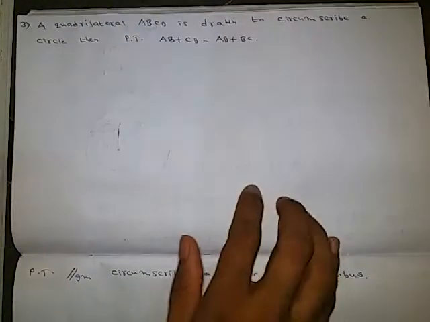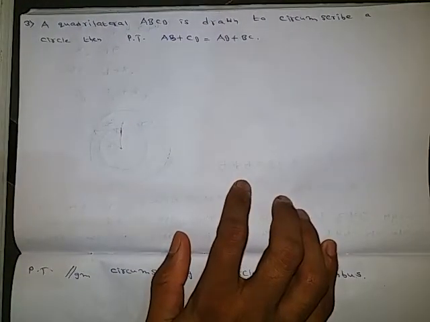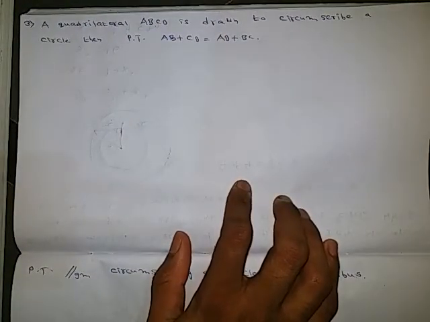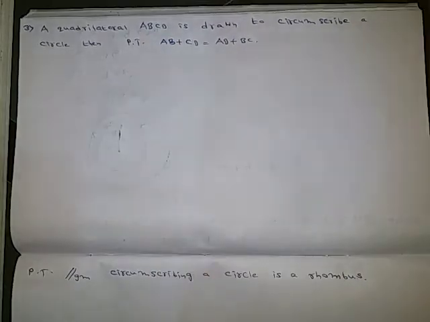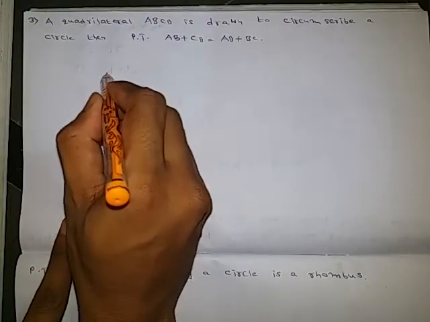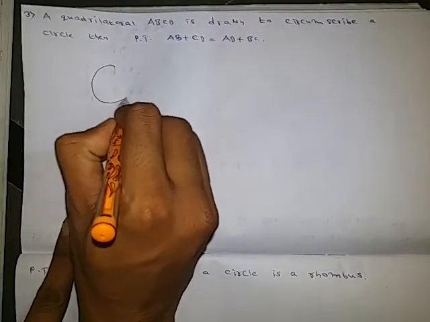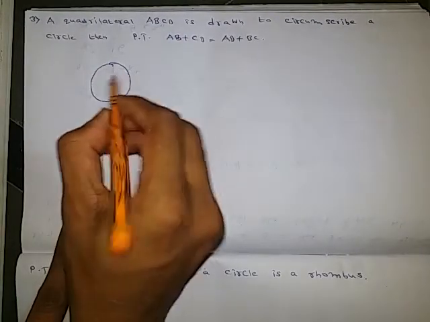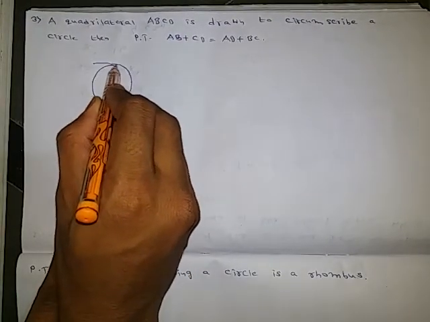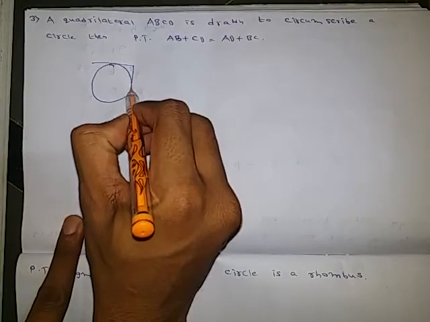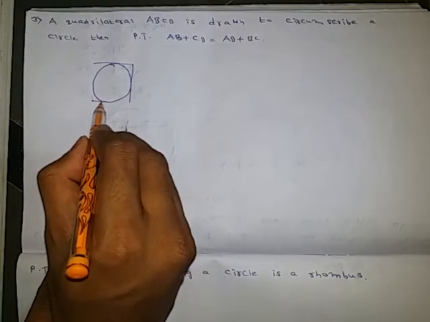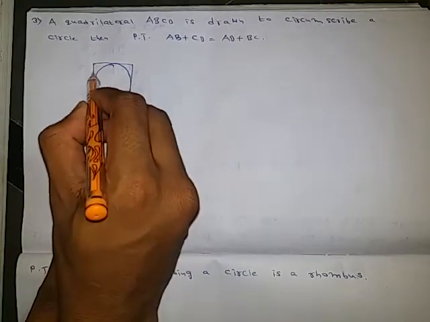Okay, the next important question is a quadrilateral ABCD is drawn to circumscribe a circle. It means one circle is there. Outside of this circle, exactly touching the circle, we have one quadrilateral also.